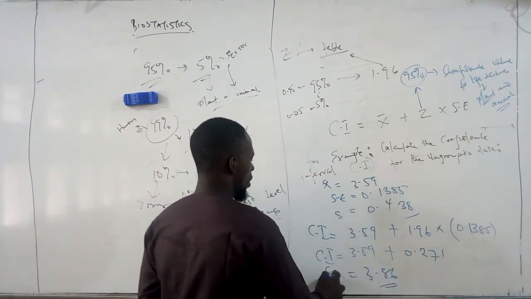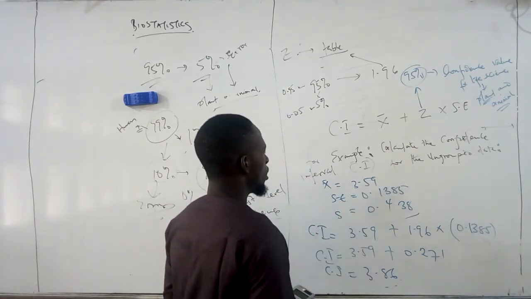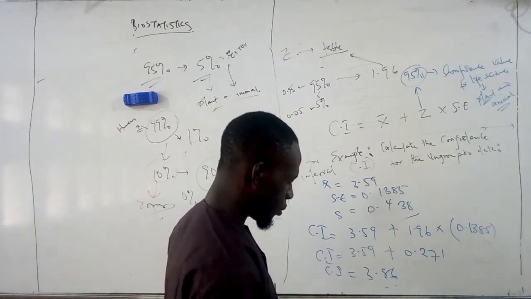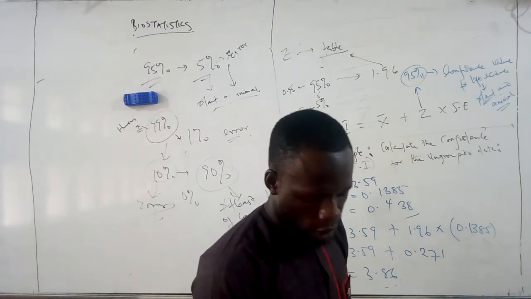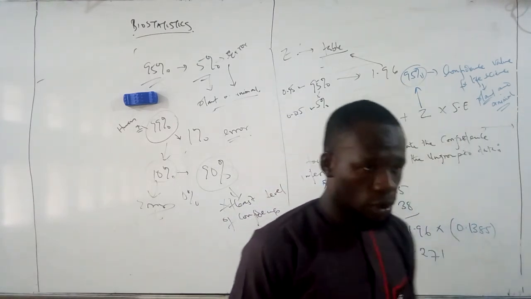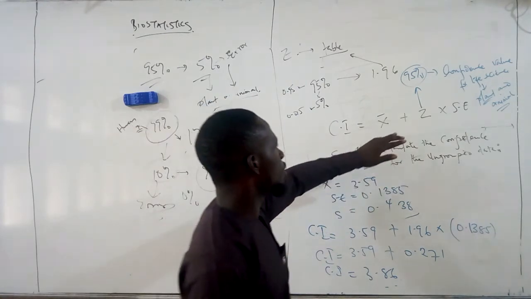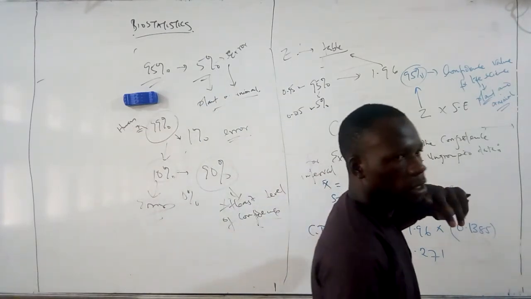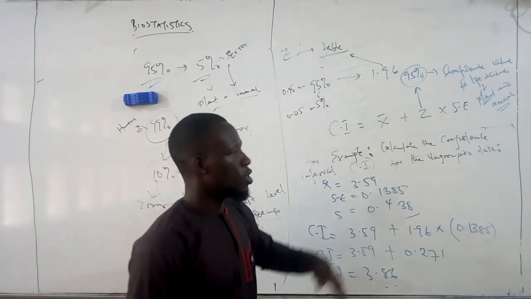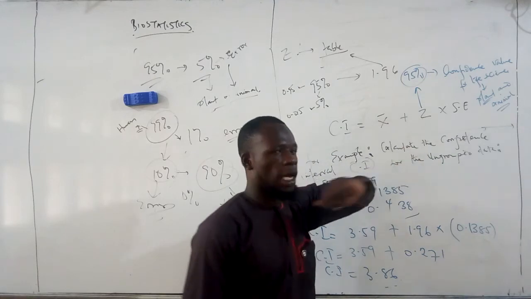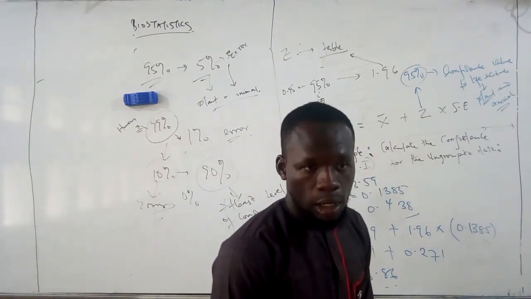So this should be our confidence interval. Now, this is our confidence interval value for the upper limit, because since we are looking for the range of this particular confidence interval, we need to get the range from the positive side and we need to get the range from the negative side.